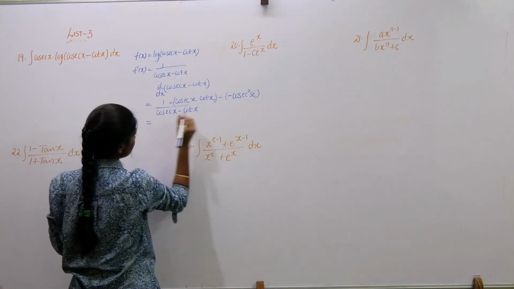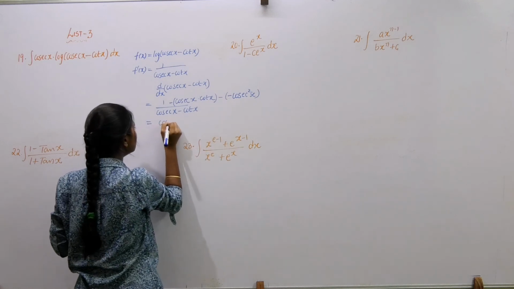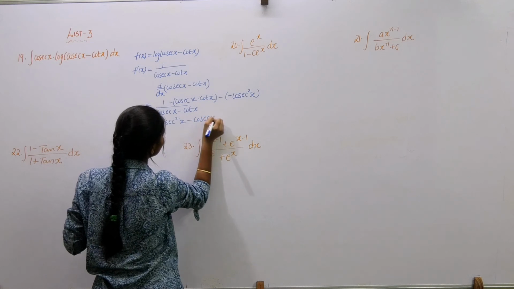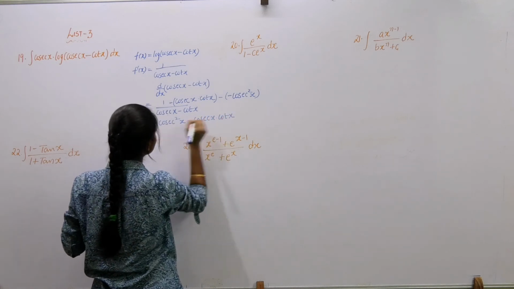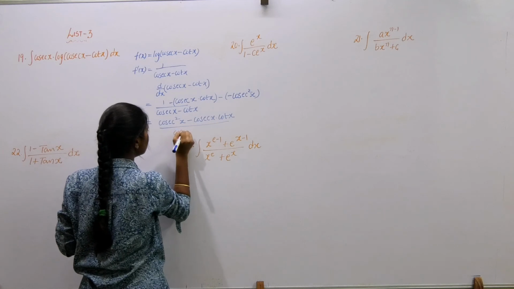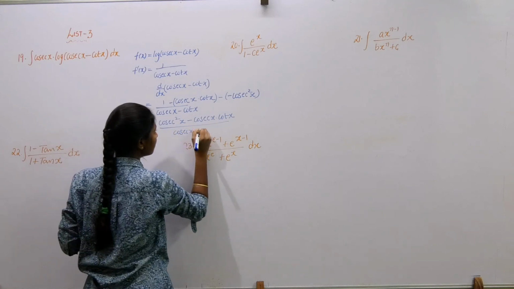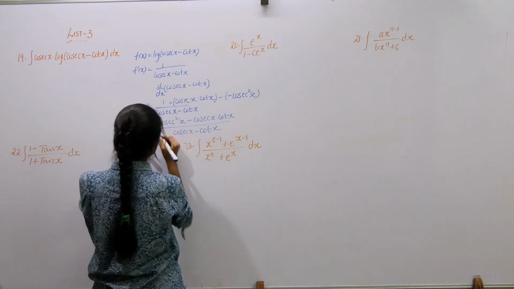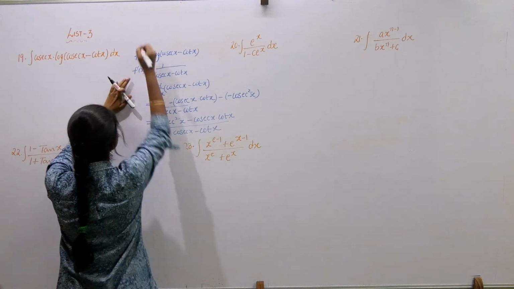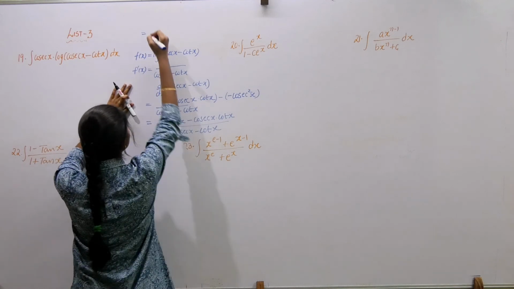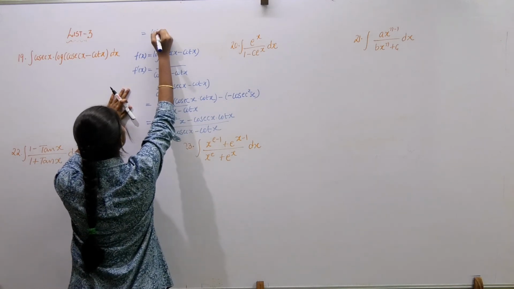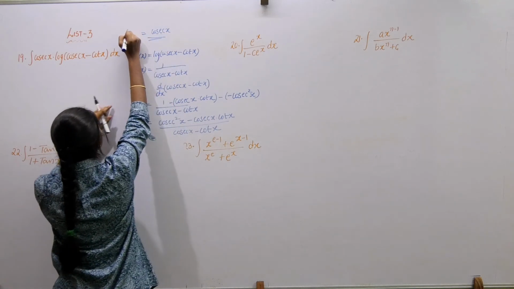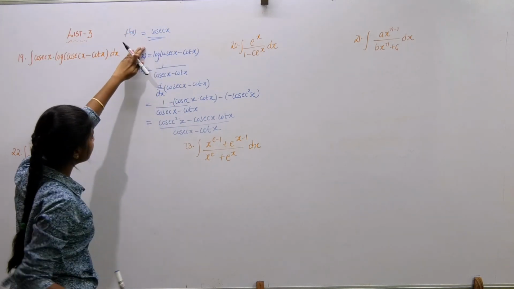It is equal to minus into minus, plus cosecant square x minus cosecant x into cot x by cosecant x minus cot x. If we take cosecant x common, the two values get cancelled out. Finally we have f dash of x as cosecant x.